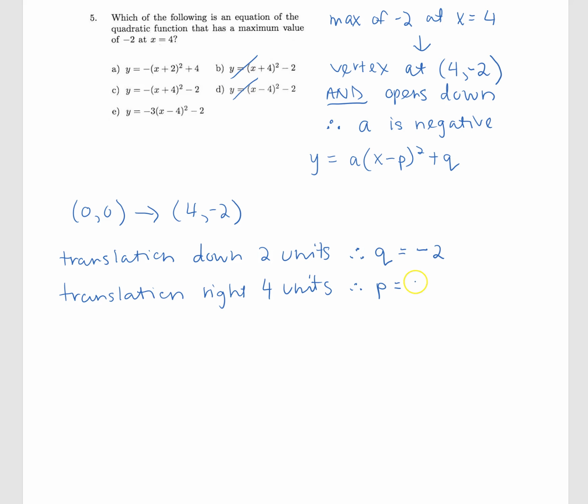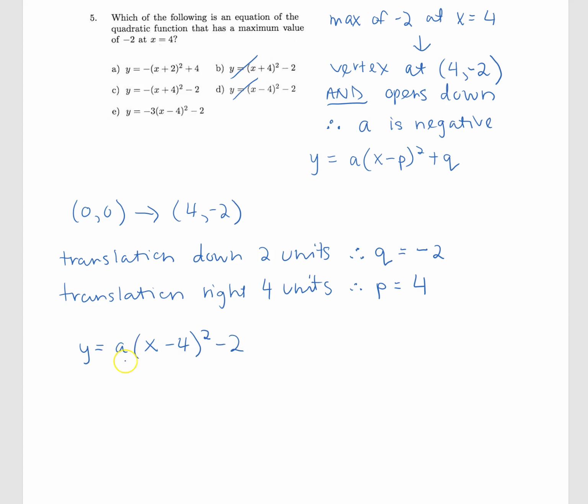We've gone to the right 4 units, so p equals 4. So plugging that in is going to give us y equals a times (x minus 4) squared minus 2.